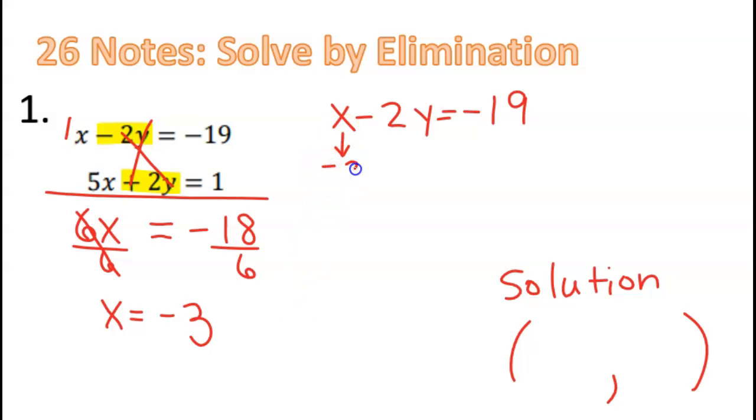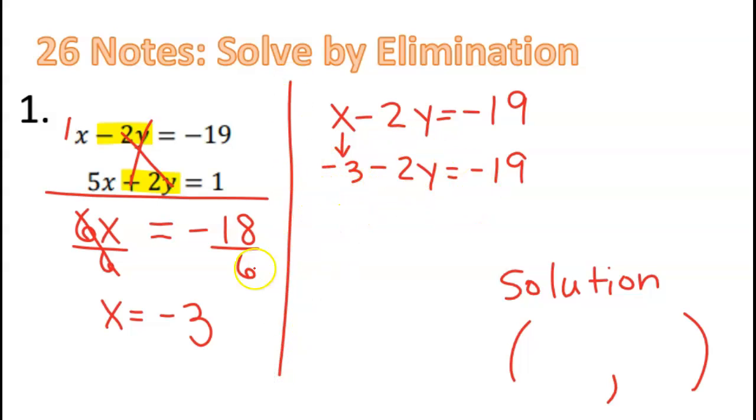In place of the x, we put the negative 3 because x is equal to negative 3. We just figured that out right there. Can we solve this equation right here for y? To solve for y, we need to add 3 to both sides to cancel this out.